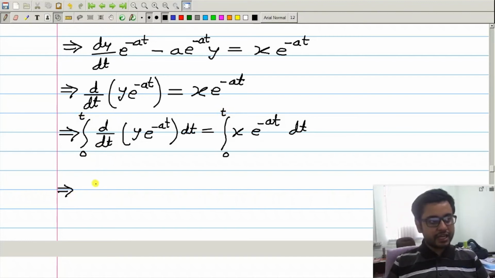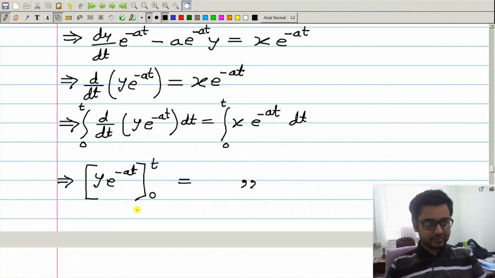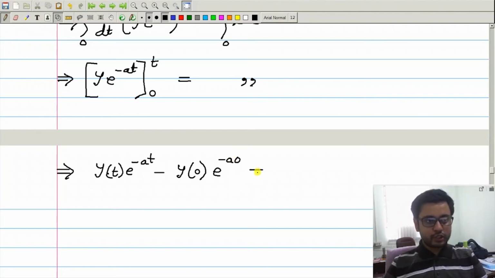Then the left hand side will become y e to the power minus at at time t and at time 0, and the right side is as it is. From this we can write y(t) e to the power minus at minus y0 e to the power minus a0 is equal to whatever we have in the right side.